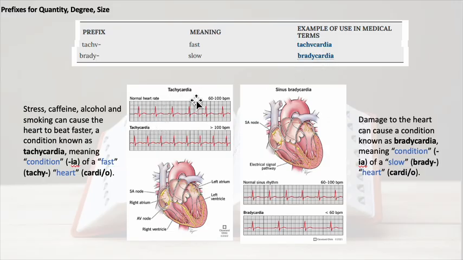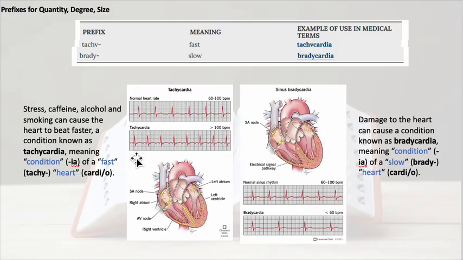Here we can see a recording from an electrocardiogram, and we can see an individual's heart rate. We can see the contraction of the ventricles, which produces a stronger signal than that of the smaller atria, the chambers of the heart. And we can see the frequency of each of these contractions.